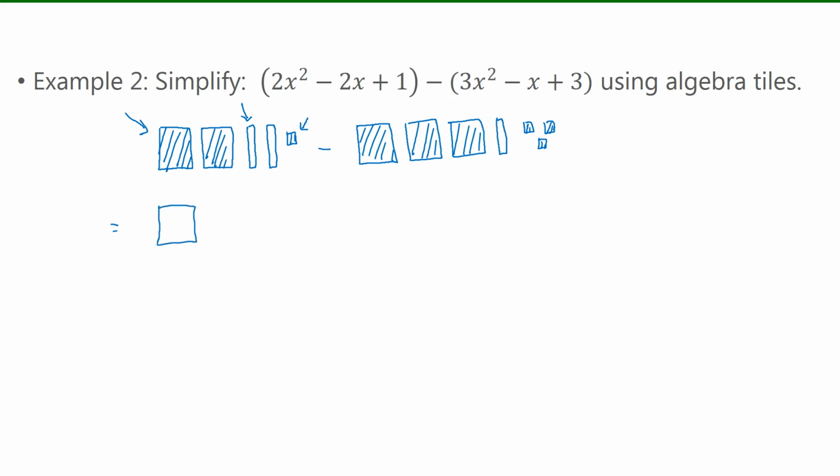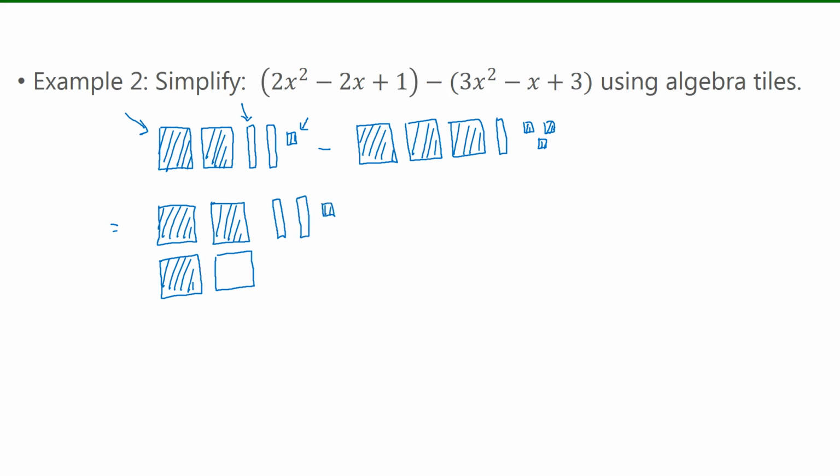So let's rewrite this now. Here's my 2 positive x squareds, and then my 0 pair, which is a positive x squared and a negative x squared. And I got my 2 negative x's.